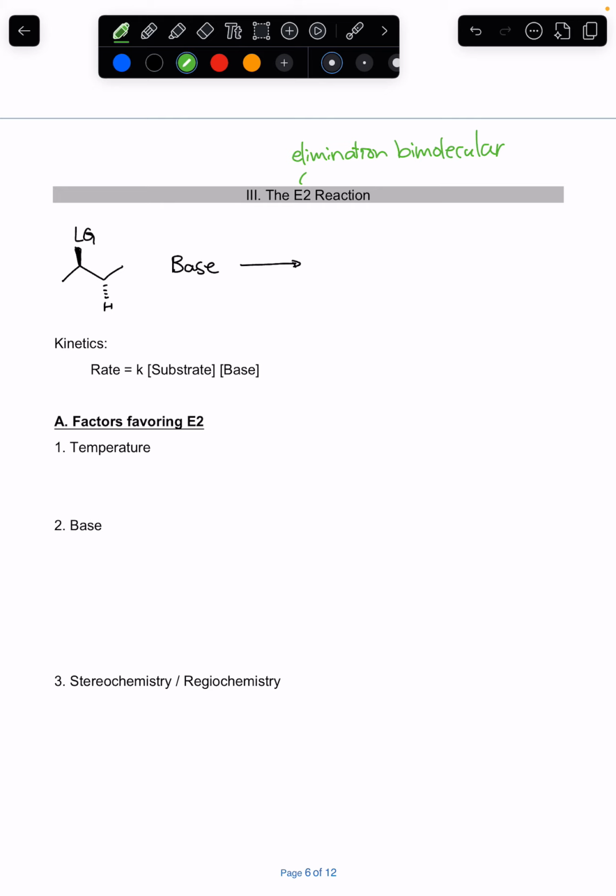So here's sort of the generic E2 reaction, where the base, of course, definitely has to have a lone pair, often has a negative charge. And like we said, this is very much a base-driven reaction, so this must be a good base.